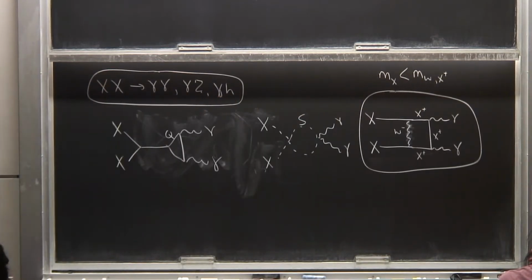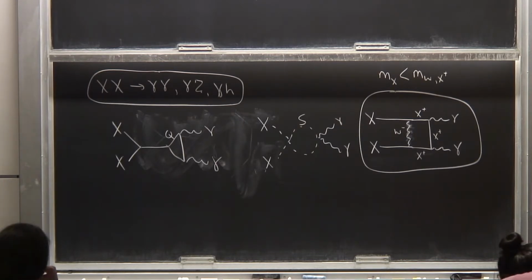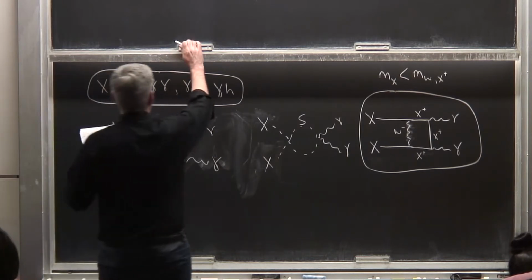Okay, so that's a sort of thing you can do, and then you can get large line signals. But in general, or at least generically speaking, you do not expect particularly large annihilation fractions to line features. But if you did, you would expect strong constraints.